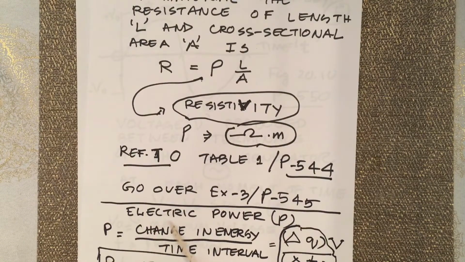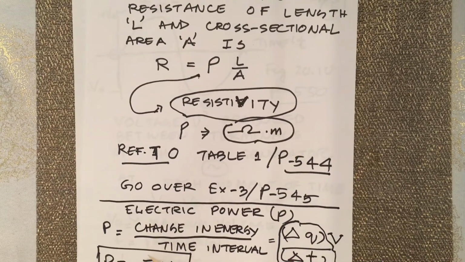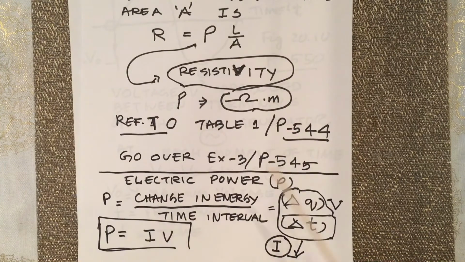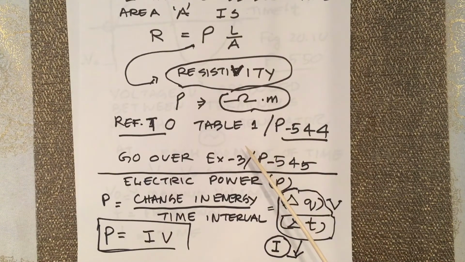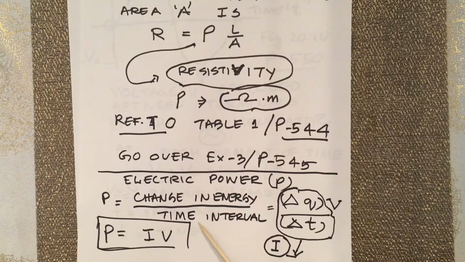Then we go to the next topic, which is electric power. As you know, we always say so many watts of the bulb, or so many watts in any appliances you use. So we can define P as the electric power, charge in energy divided by time, rather how much charge flows over a period of time.